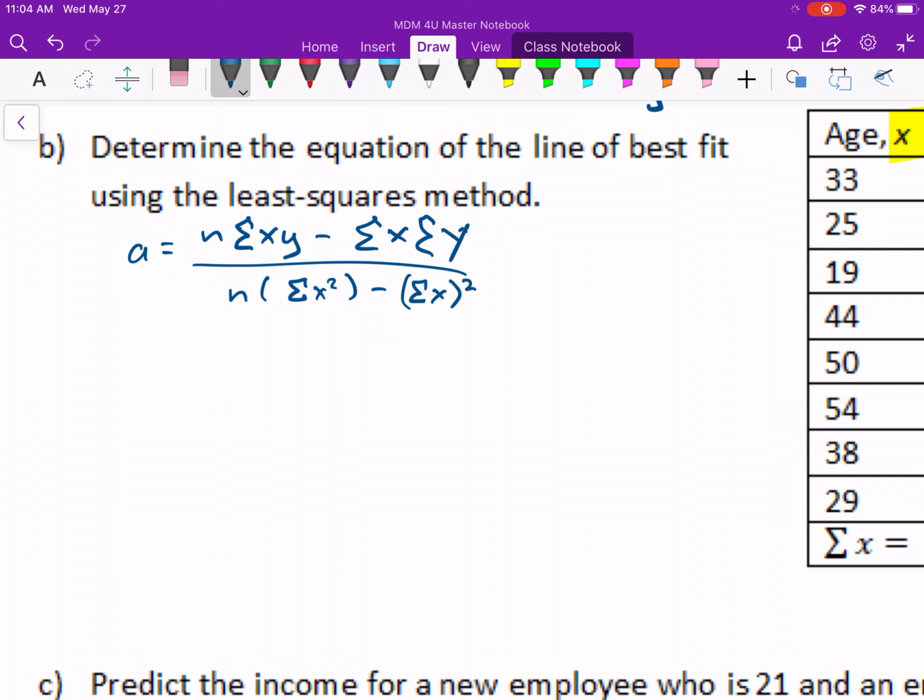The difference between this and this is where the squared sign is. In the first one, we're squaring the x's and then adding them together. In the second one, we're adding the x's together and then squaring it.